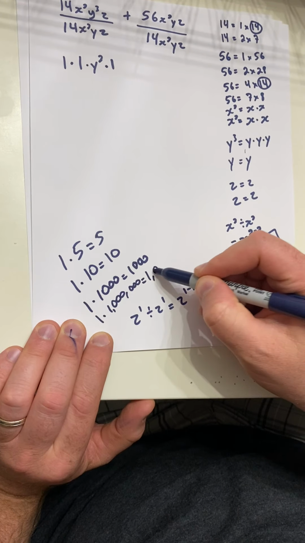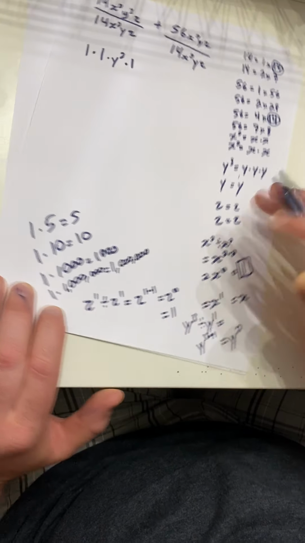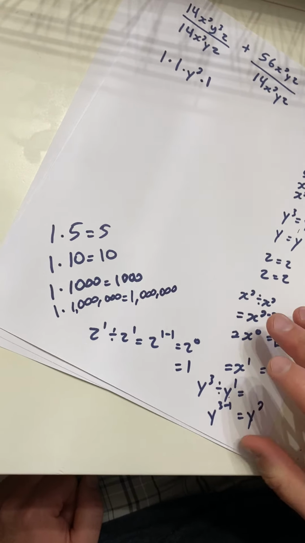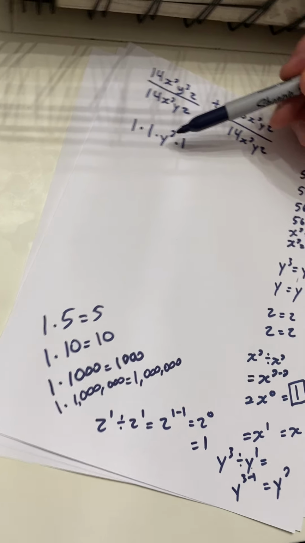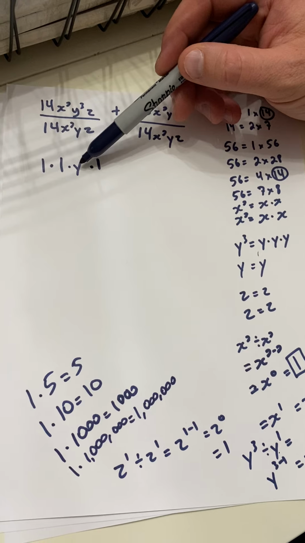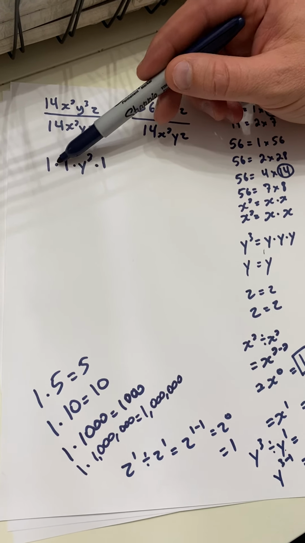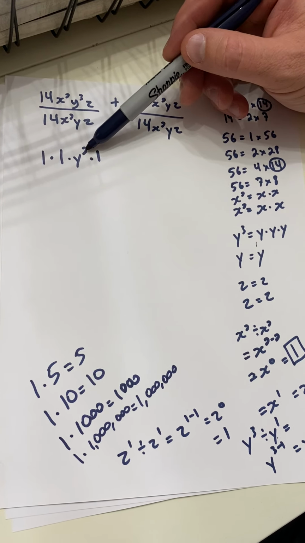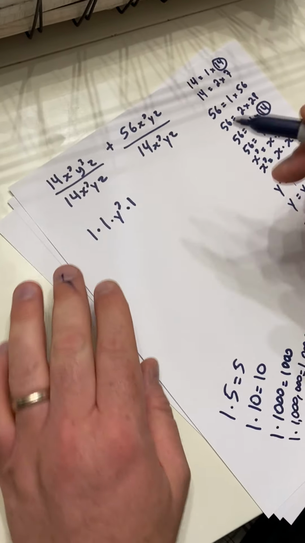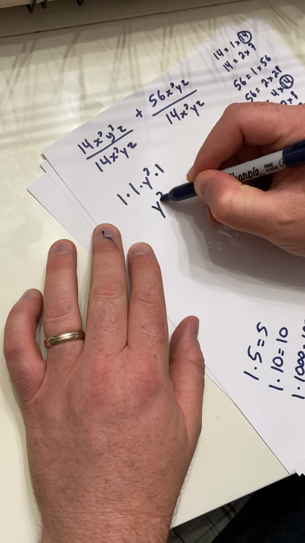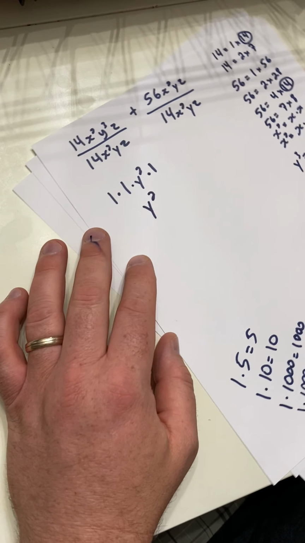So anytime I multiply a number by 1, the number doesn't change. It's the same with a variable. The variable does not change. So 1 times y squared is just y squared. Times 1, it still stays y squared. So all of this equals y squared.